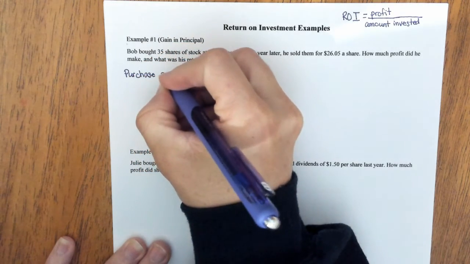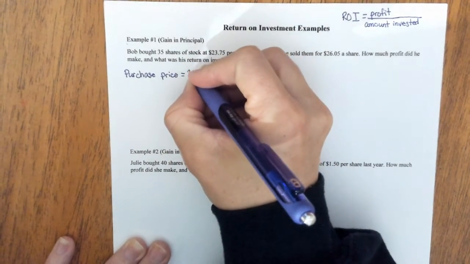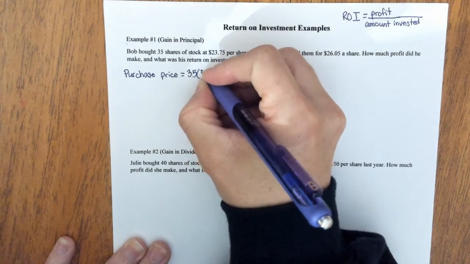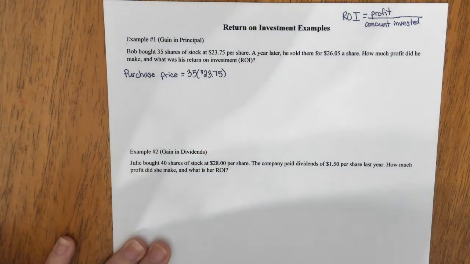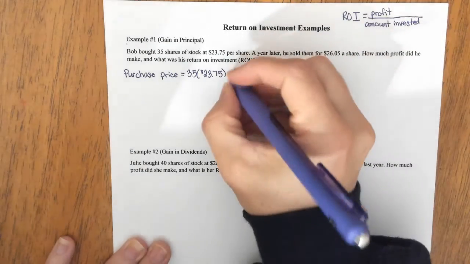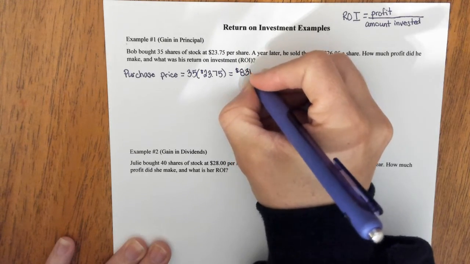So his purchase price, he bought 35 shares at $23.75 each. So he spent $831.25.